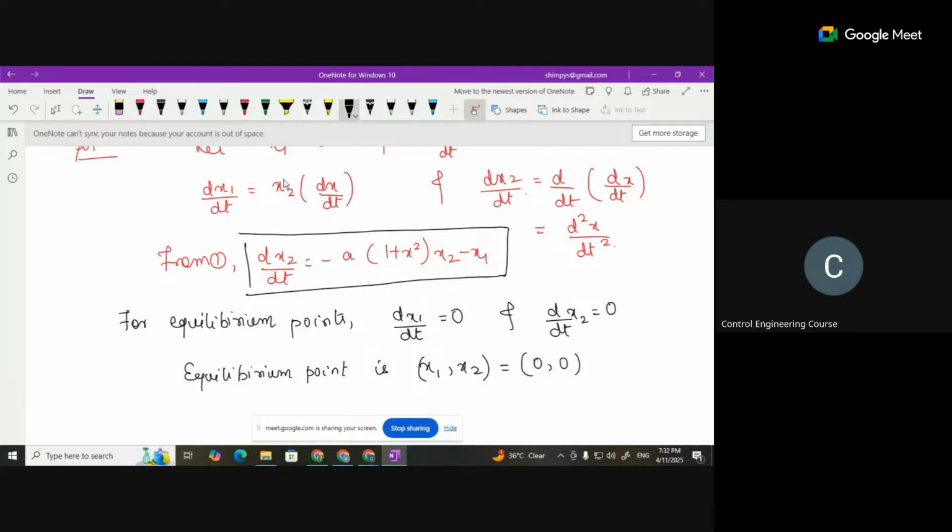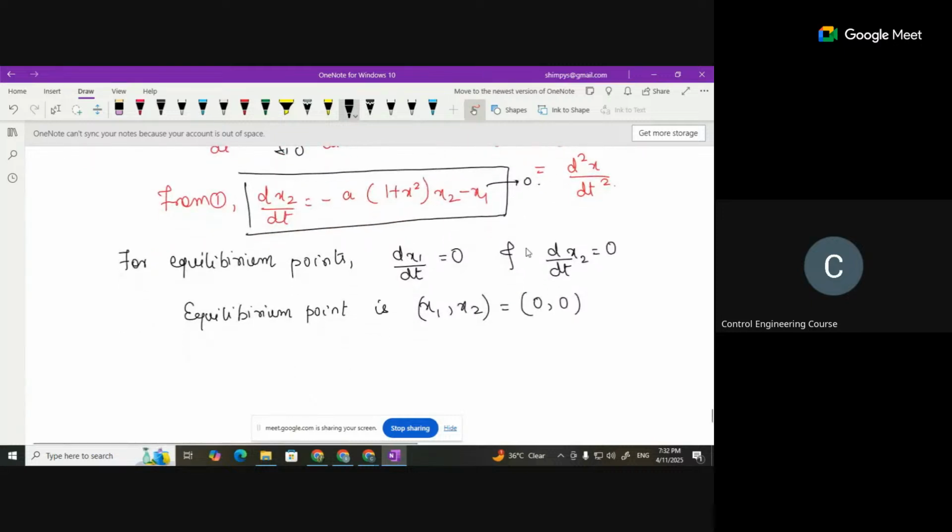Fine. Once x2 is 0, I put this as 0, so x1 will also come out to be 0. Fine. So this is my equilibrium point. Now what is next?